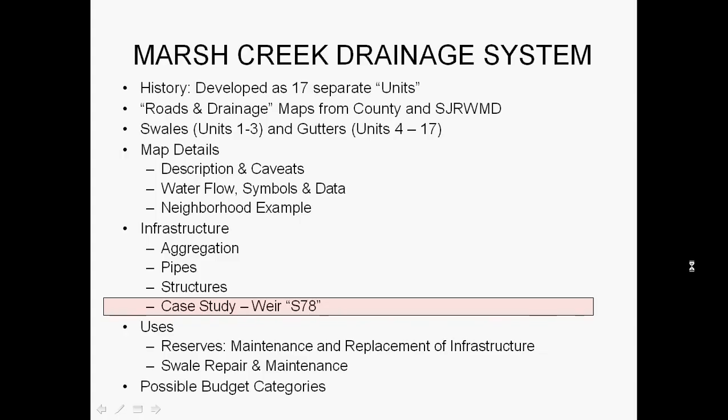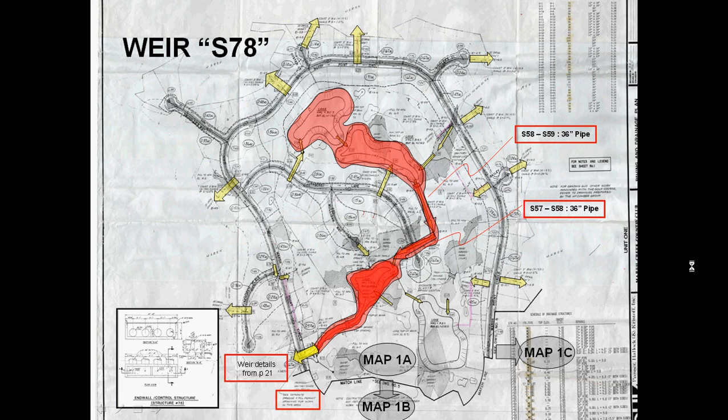Let's look at one of the weirs in detail. It's called S78 or Structure 78, which is the nomenclature they use on the maps. Now, weir S78 controls most of the water inside Marsh Point Circle, and we have the pipes, of course, and the control and the other structures feeding the ponds inside that circle, and then the flows directed ultimately into that control structure.